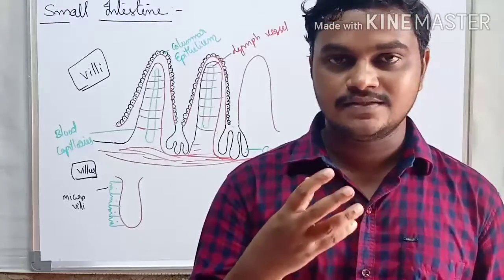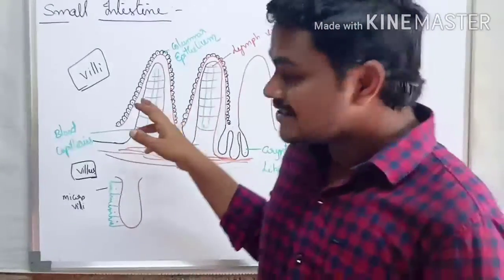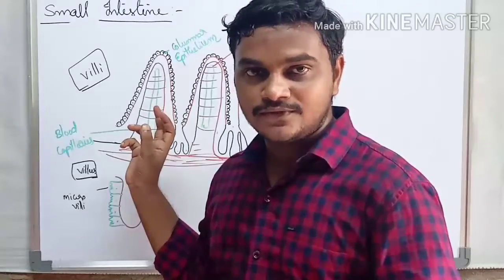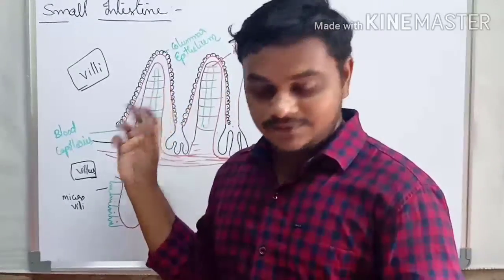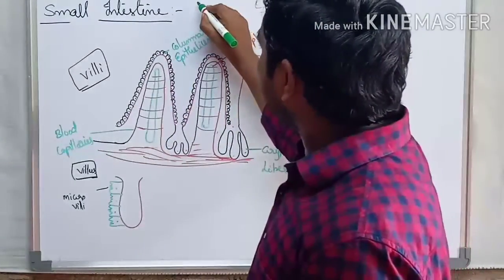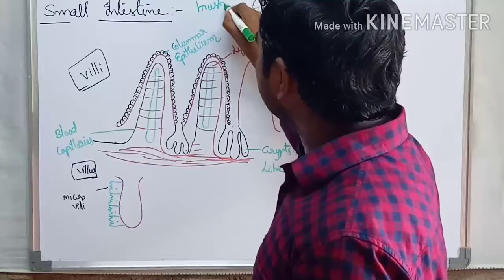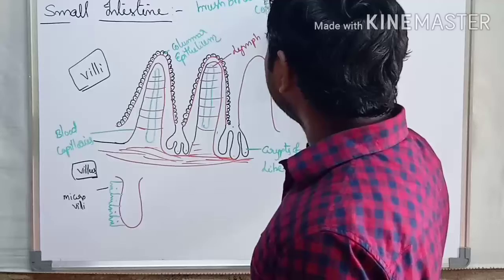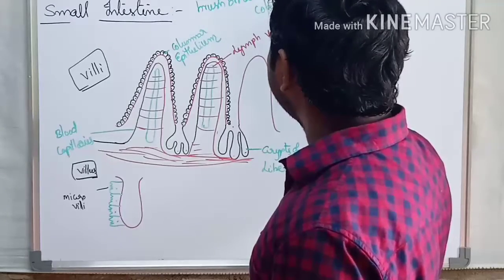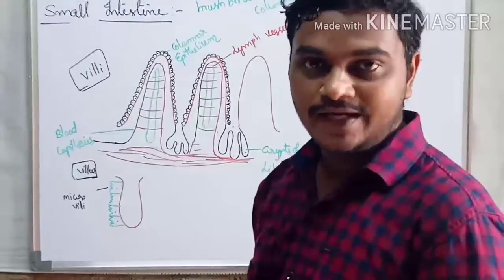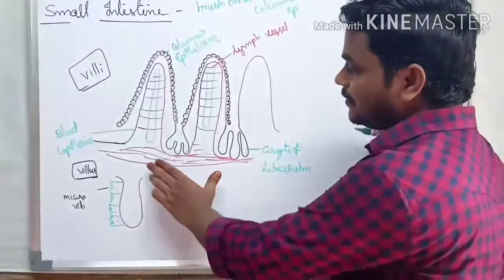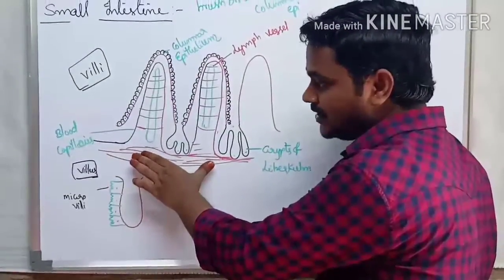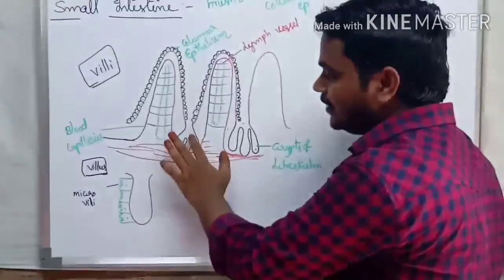For that purpose, the small intestine has a special type of columnar epithelium, called brush bordered columnar epithelium. In the mucosa layer, the innermost layer, there are a number of villi-like structures.